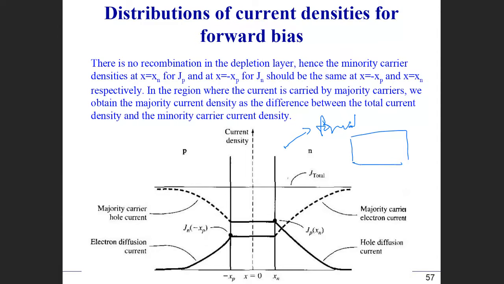As we discussed, in forward bias, the hole in the P side moves to the N side, right? So when the hole moves from P to N, your hole current is in this direction. The electron moves from N to P. The electron current is in the opposite direction of the electron movement, so your electron current is in the same direction as Jp. Oh, yes, I remember. Thank you. Okay, that's good.